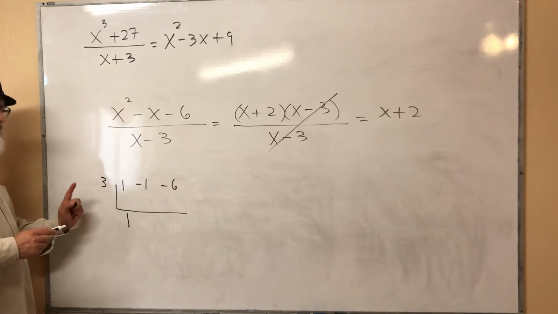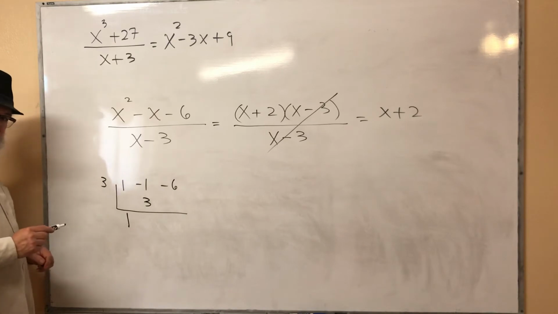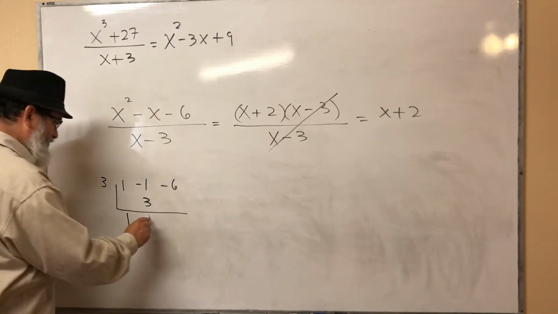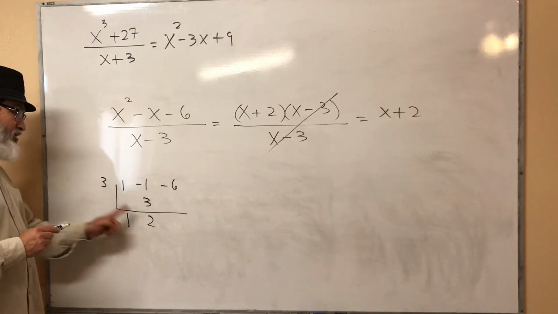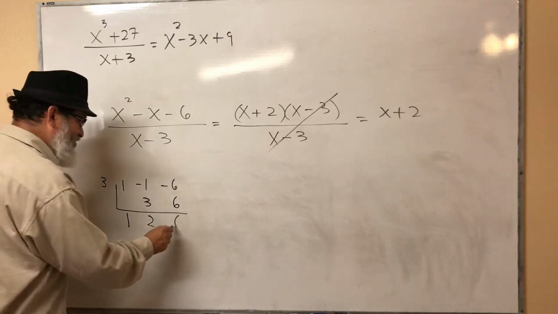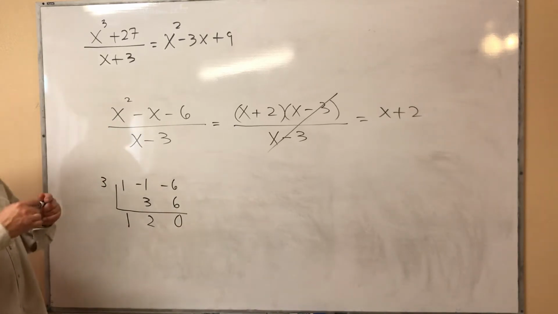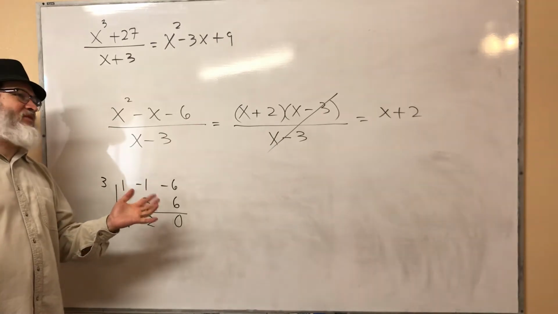Second step, multiply. 3 times 1 is 3. Next step, add a 2. Next, multiply. 3 times 2 is 6. Add 0. We knew that. We knew that already. How did we know that? That a remainder was going to be 0.